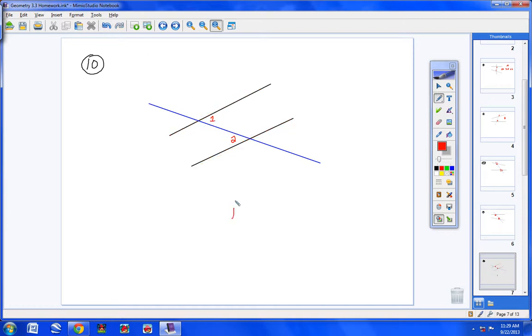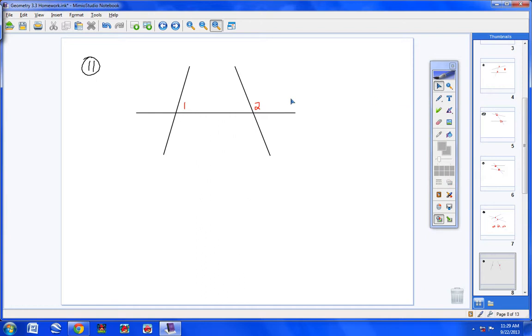So we know they're interior angles. Now, notice they're not on the same side of the transversal. Angle 2 is on the left of the blue, or the bottom of the blue, and number 1's above it. So they're not on the same side, so we don't call them same side interior. We call them alternate. They're on different sides. Alternate interior angles.